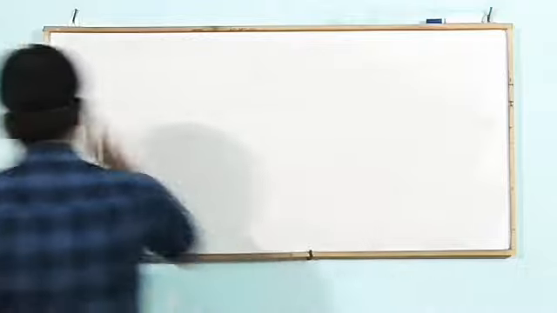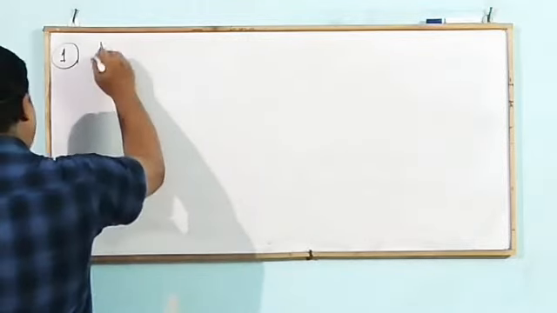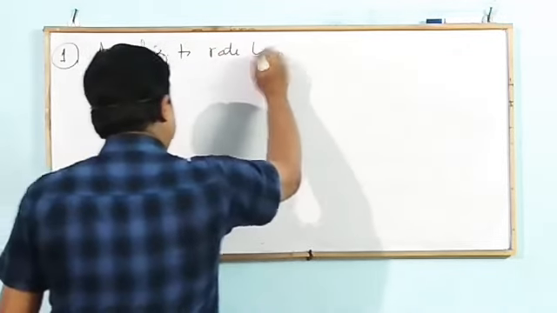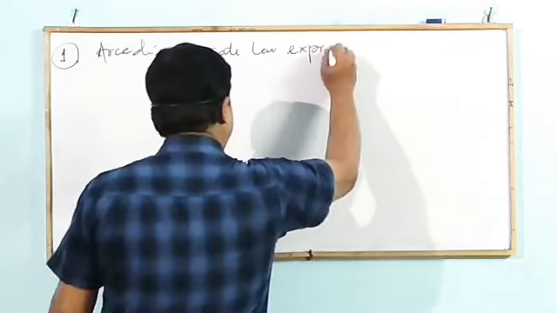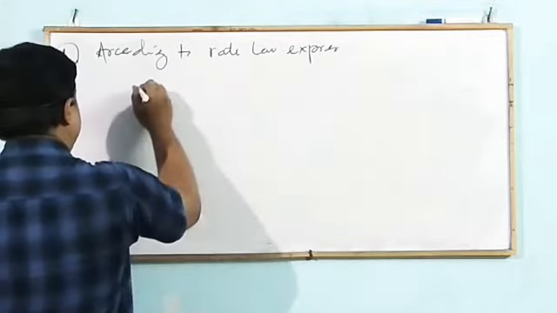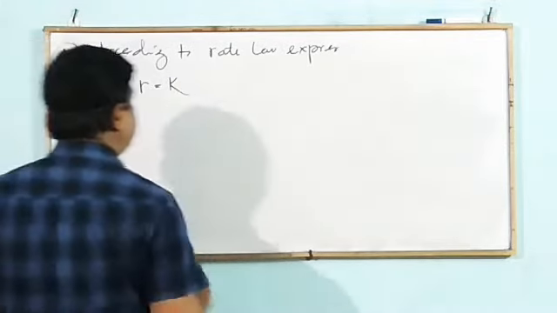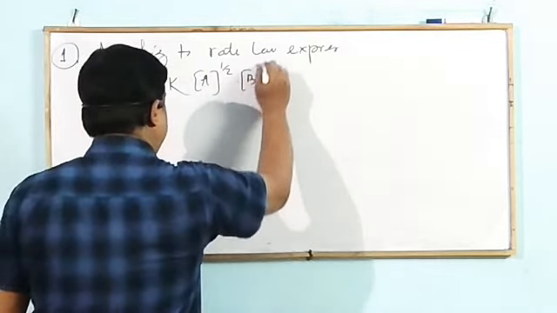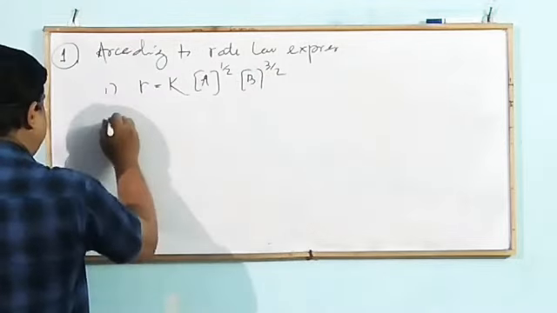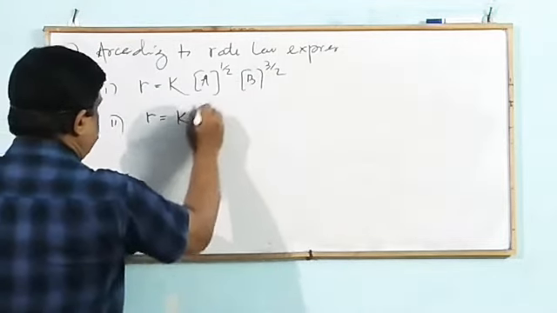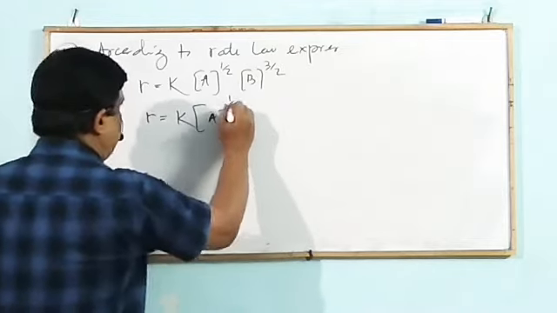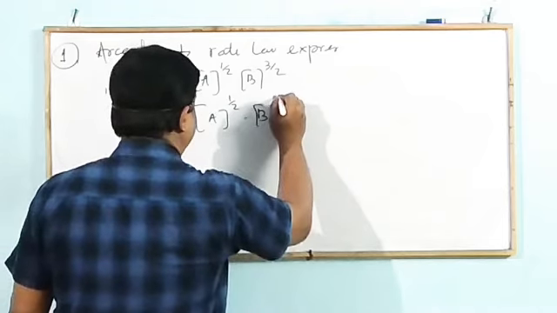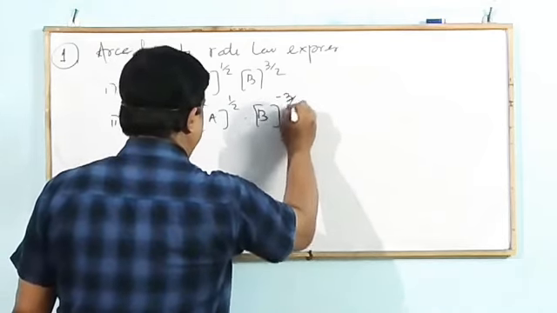First question. According to the rate law expression, bit 1, R is equal to K, A to the power 1 by 2, B to the power 3 by 2. Bit 2, R is equal to K, A to the power 1 by 2, B to the power minus 3 by 2.